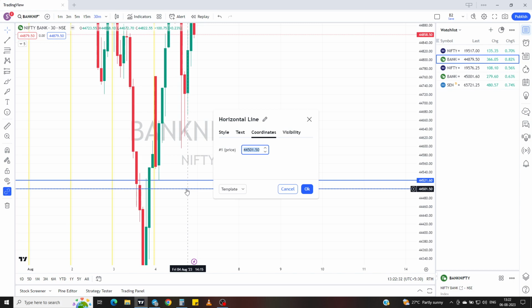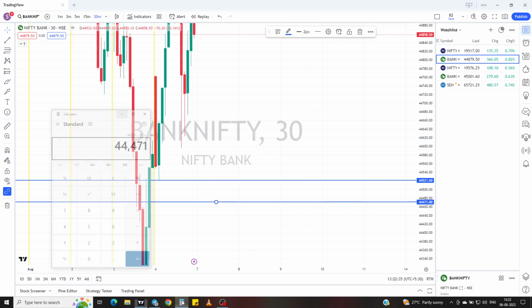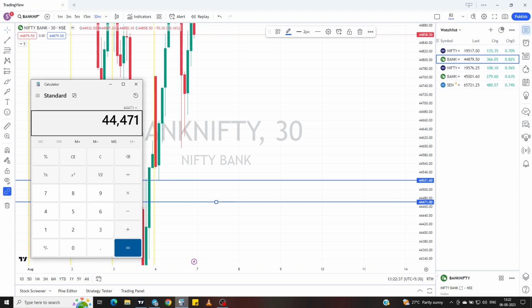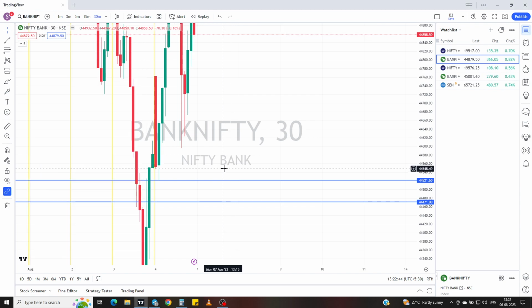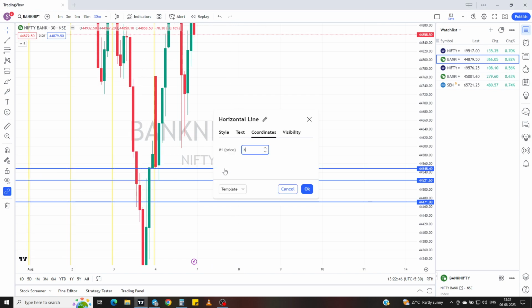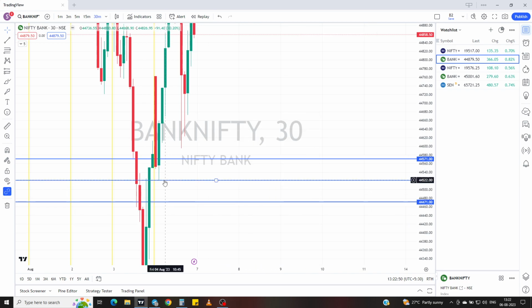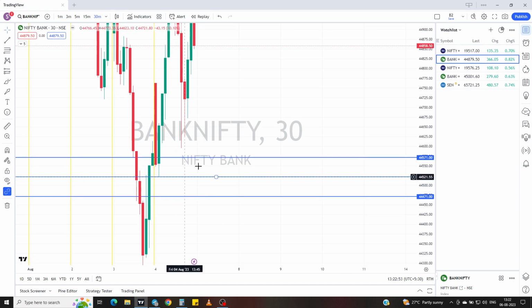Draw horizontal line, 44471. And from here 50 points high, that is 44571. Okay, this is the range we have created now.